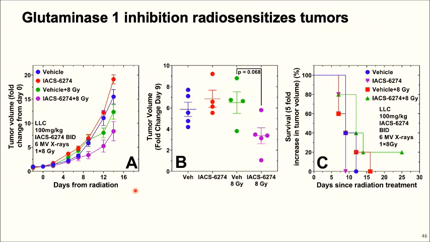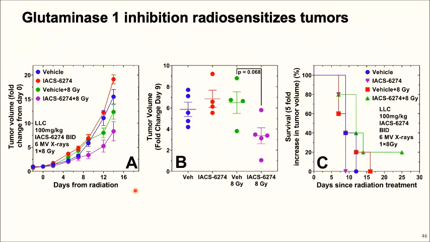To show that this is the case also in vivo, we used a cell line. In this case, the cell line is not KEAP1 mutated. We did an experiment with mice where we exposed them to radiation alone, the inhibitor alone, or the combination of both. We saw a moderate effect when we combined radiation plus the inhibitor compared to radiation alone.